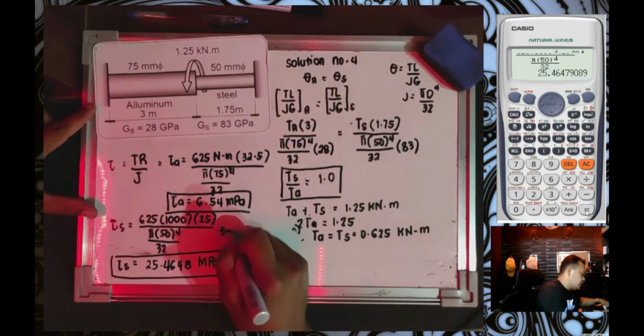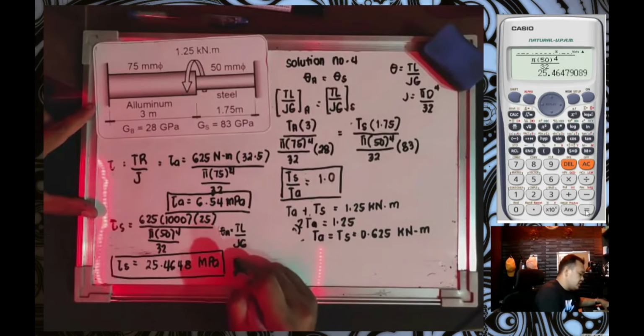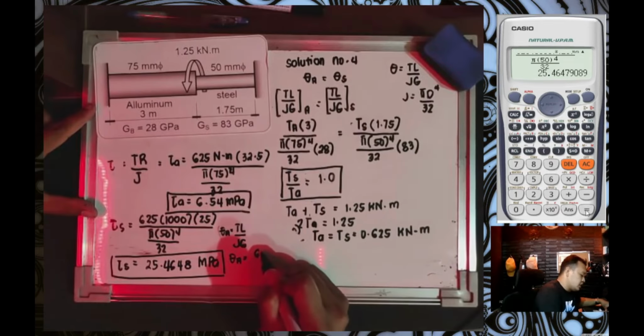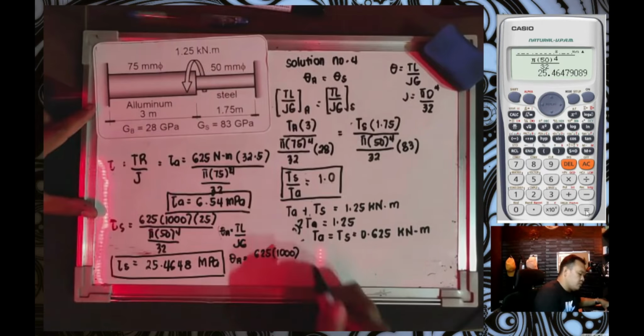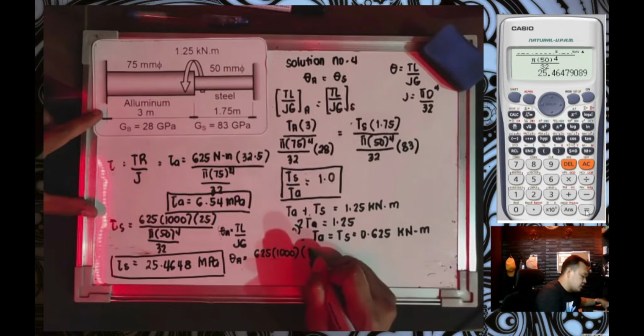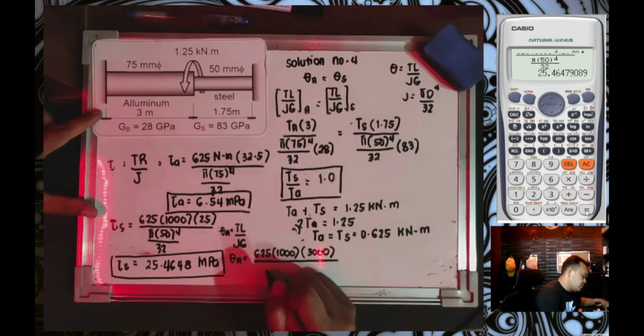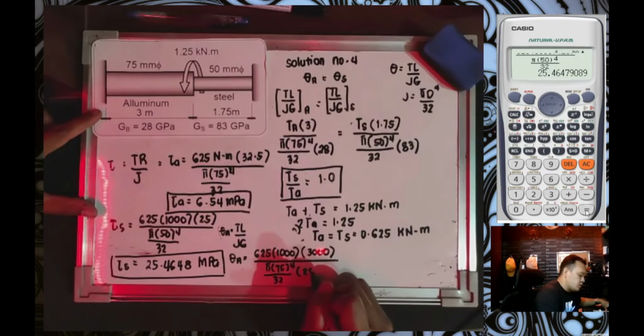Angle of A is equivalent kay TL over JG. Therefore, angle of A is equivalent kay torsional force 625 times 1,000 para maging Newton-mm, multiplied by length. Ang length natin ay 3,000 mm all over JG, pi times 75 raised to the fourth all over 32 multiplied by 28.